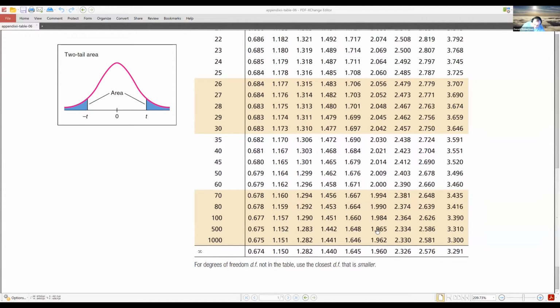It's going to be 102 take away 98, plus or minus 1.984 times the square root of 5 squared divided by 100 plus 4 squared divided by 900.